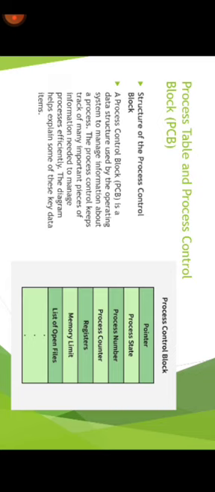The diagram helps explain some of these key data items. The components of the process control block are the pointer, process state, process number, program counter, registers, memory limits, and list of open files.